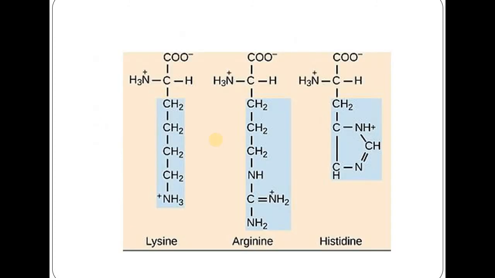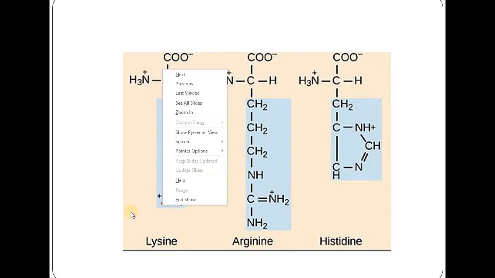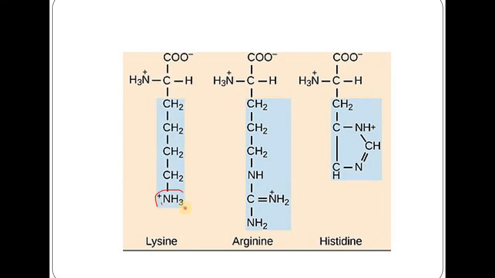Okay, so here you see this is lysine. So here we can find that it has one more additional amine group, and also arginine has two more NH2 groups, and histidine also possesses additional amide groups. Okay, so this imparts a positive charge to these amino acids.